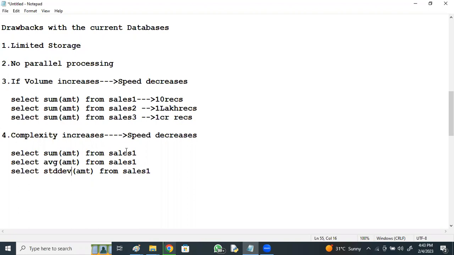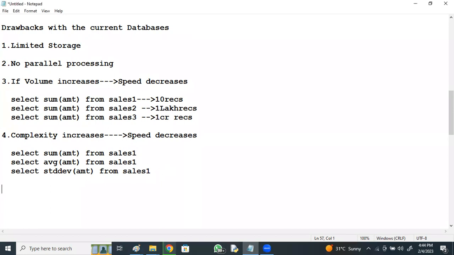So as complexity increases, speed decreases.